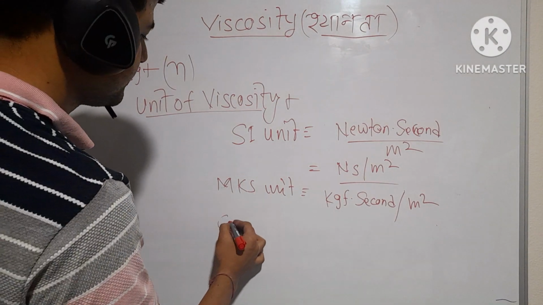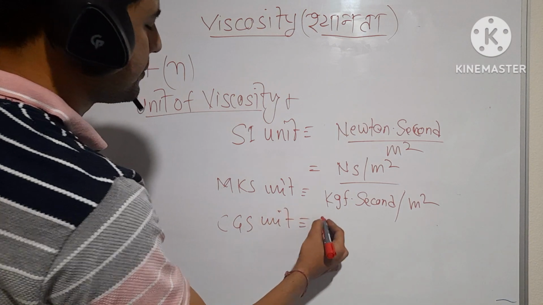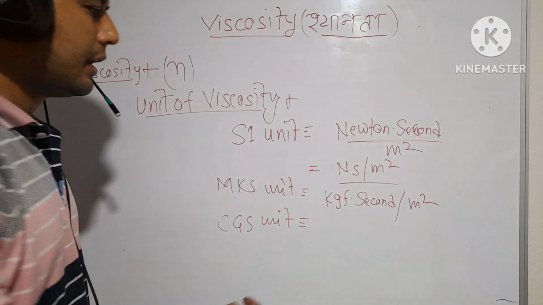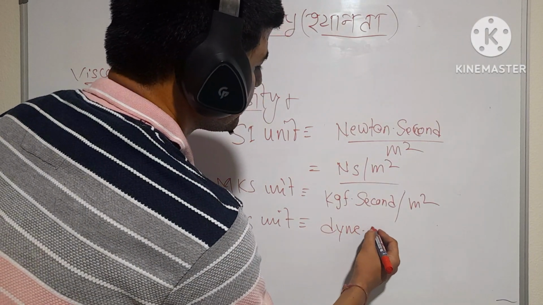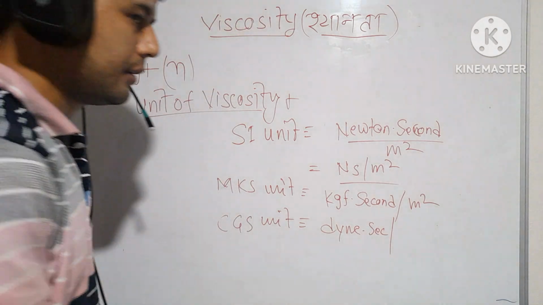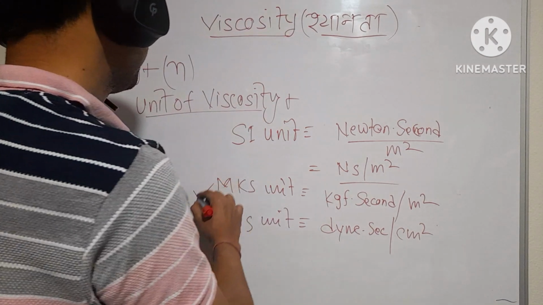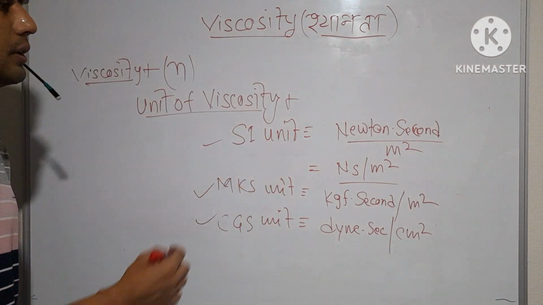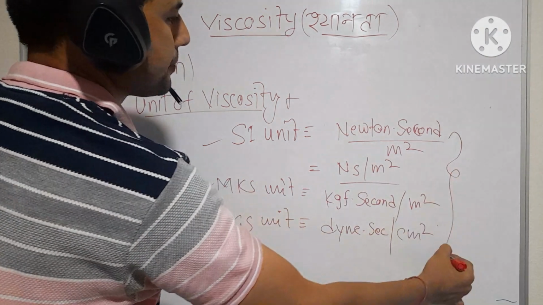CGS unit is dyne second per centimeter square. This is overall all the units of viscosity.